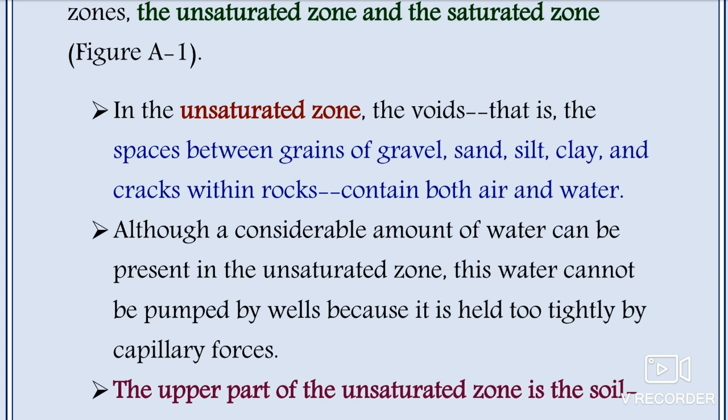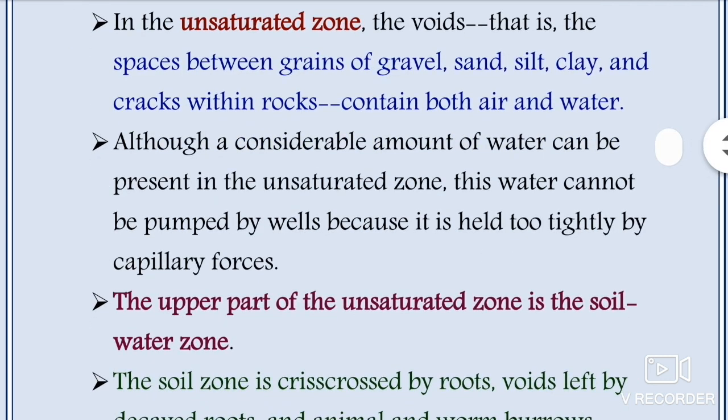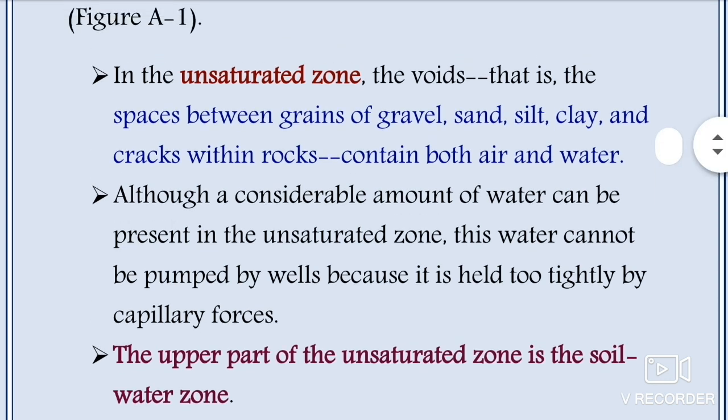As the openings in the rocks decrease with depth, the lower limit of the zone of saturation is commonly found within a few hundred meters of the earth surface. So that was about the zone of aeration, capillary fringe and zone of saturation, which we have already talked about in the first video of the objective geology series.